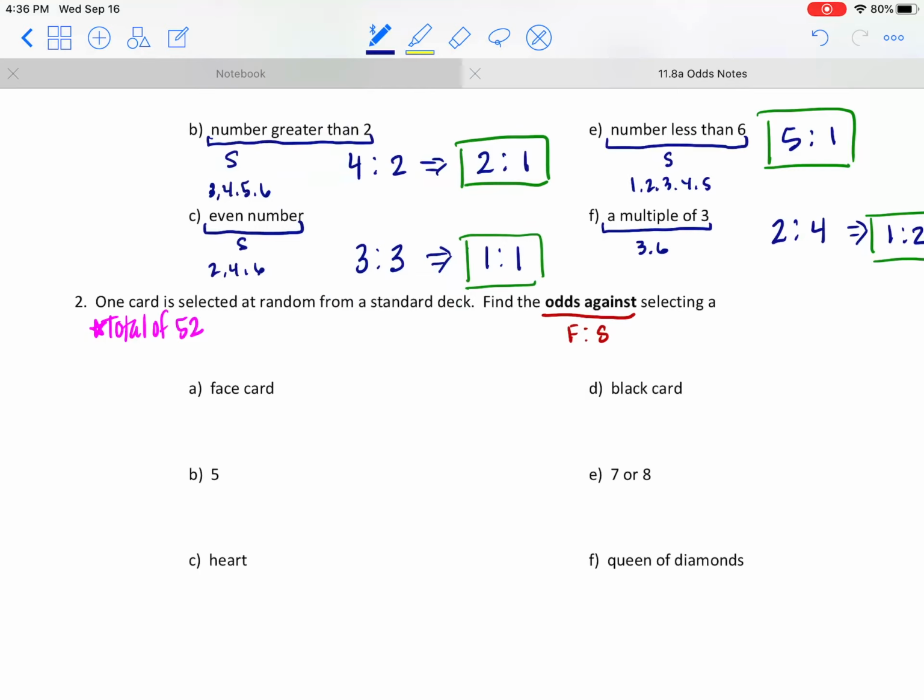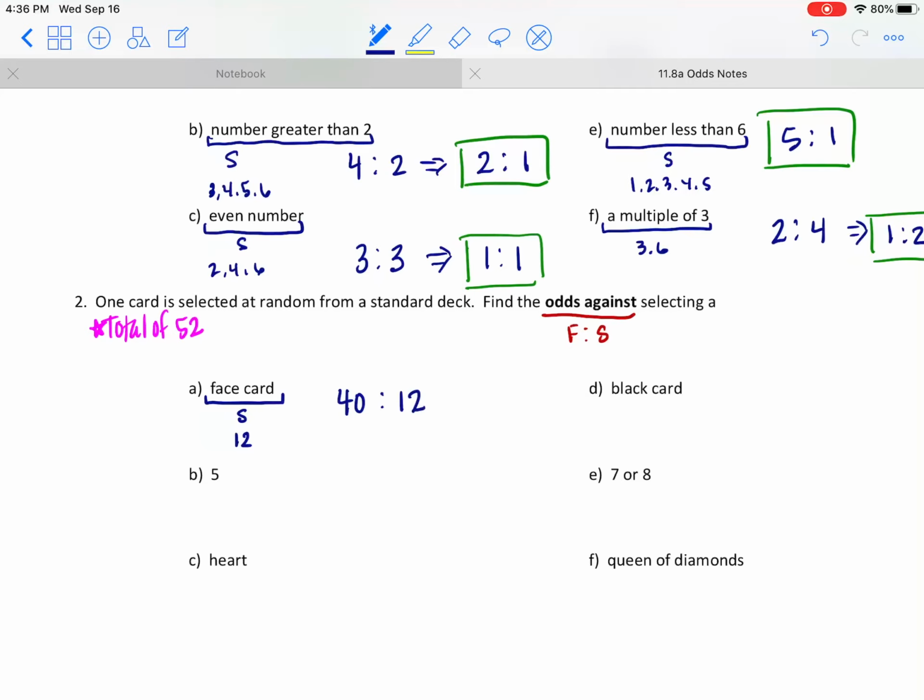So here, let's see, a face card. A face card, let's call those successes, right? Pulling the face card would be a success. How many face cards are there? Well, there are 12 face cards, which means there are 40 that are not. So in this one, we have 40 failures, not face cards, to the 12 face cards, which are the successes.